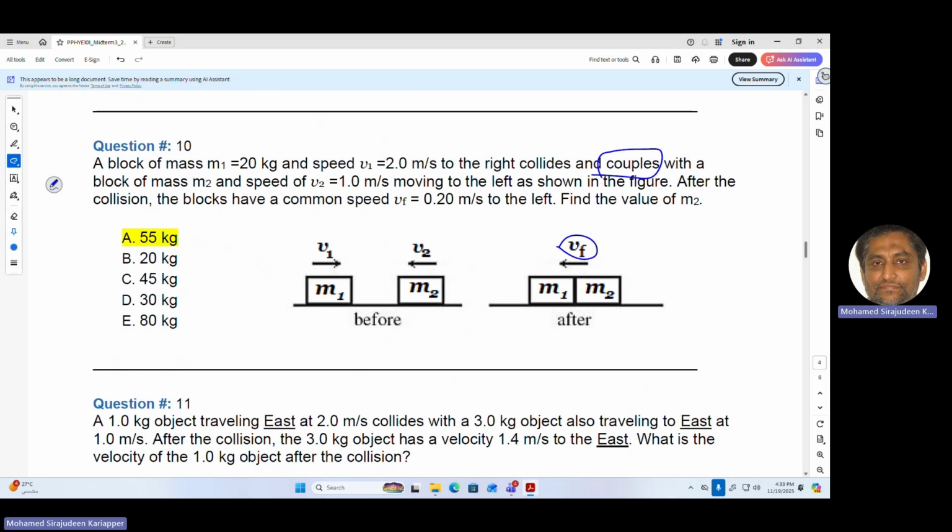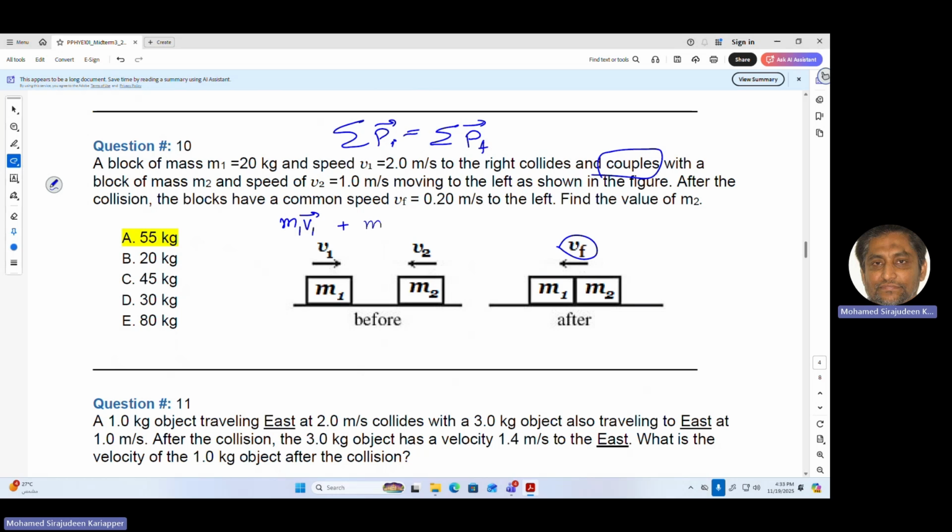We cannot apply the conservation of kinetic energy equation. We can only apply the conservation of momentum equation. What is conservation of momentum? Total momentum before is equal to total momentum after. That is very easy to put for this particular case. Momentum of the first one is m1 v1.